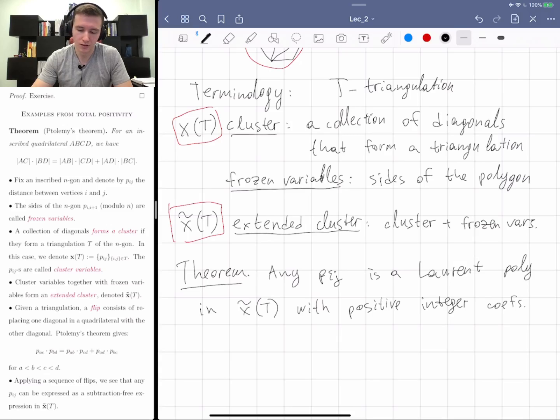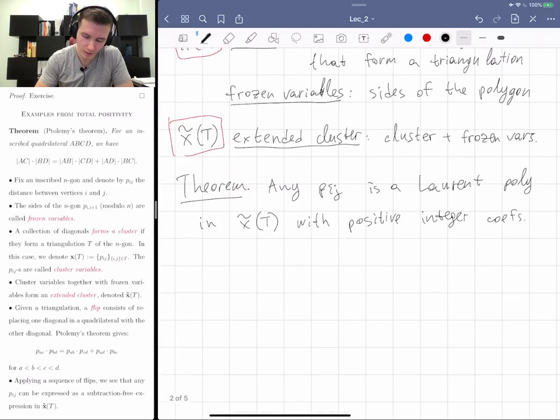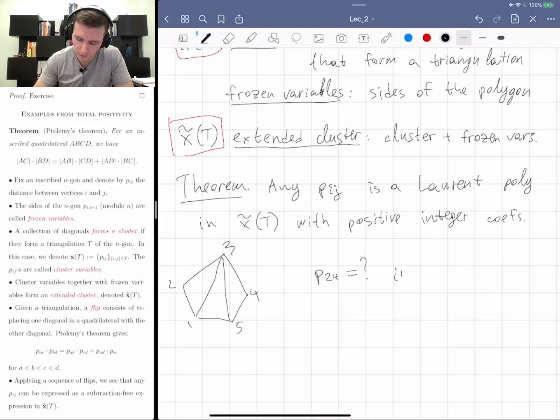In other words, it's a non-trivial statement, which is basically just planar Euclidean geometry. So you have 1, 2, 3, 4, 5, and you want to write P2,4 in terms of P1,3, P3,5, and then the frozen variables.